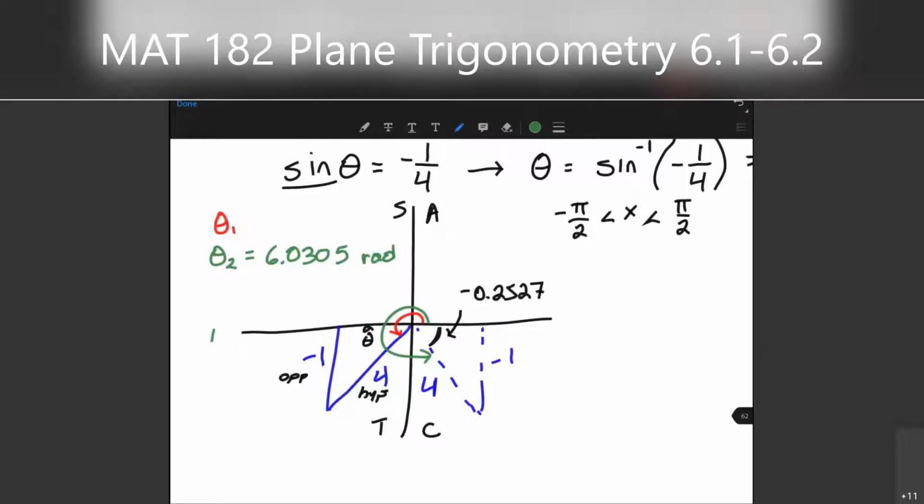Going around the circle halfway is pi units, and then I'm going an additional, we'll call it that theta hat right here.